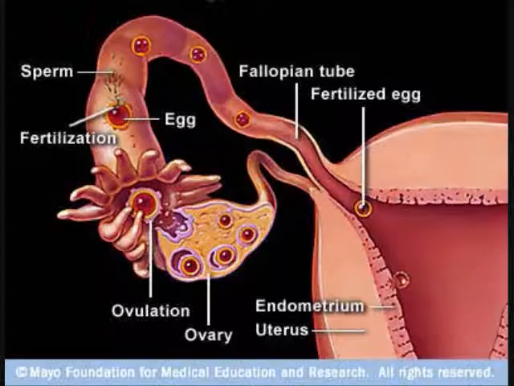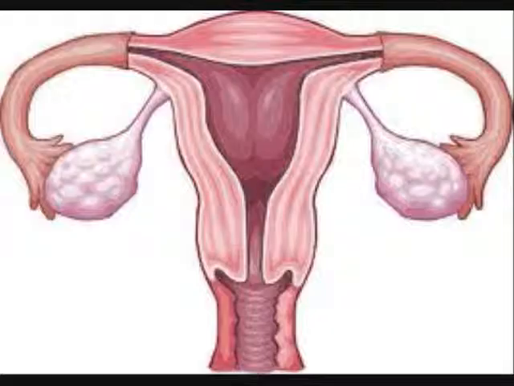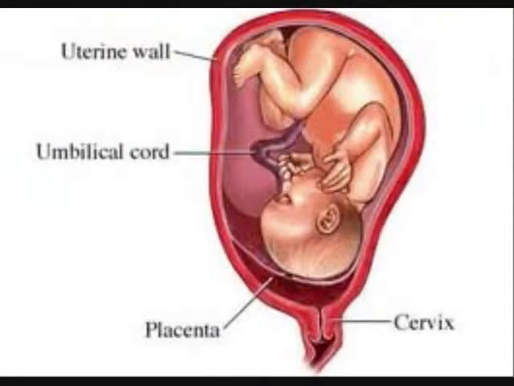Then we have the fallopian tubes, which serve to transport the secondary oocyte, to be fertilized into the ovum, to the uterus. And the encounter between the ovum and the sperm usually takes place in the ampulla of the fallopian tube. The uterus is a hollow, muscular organ that assists reproductive function, and its shape and anatomy vary at different stages of life and also during pregnancy.